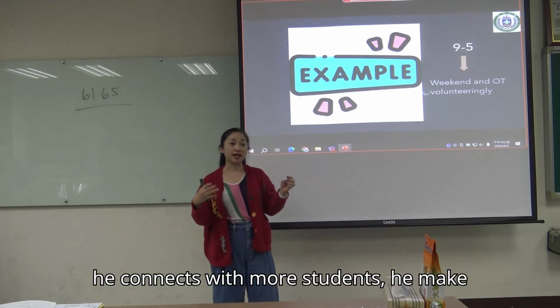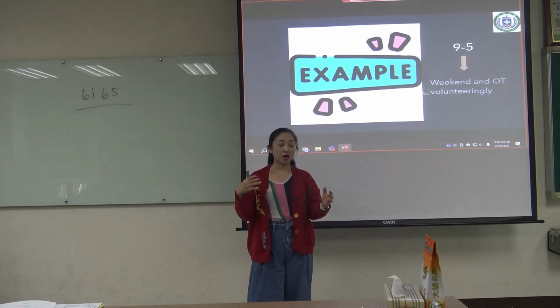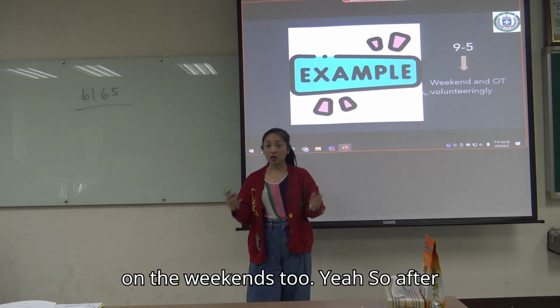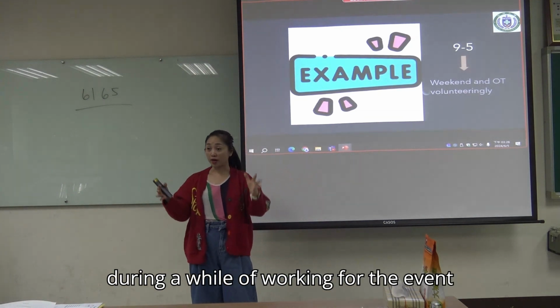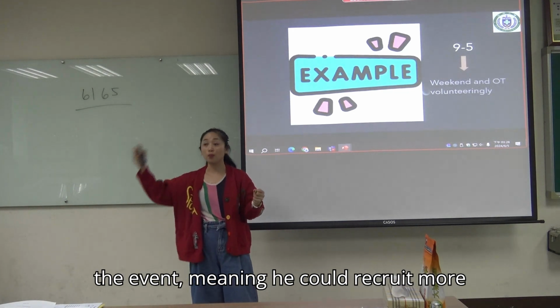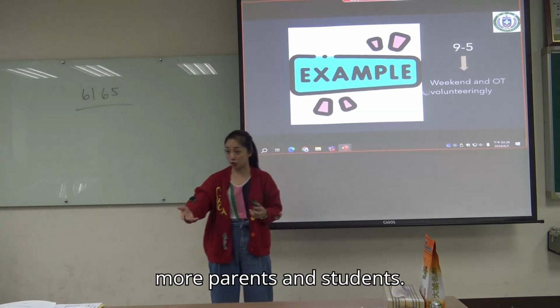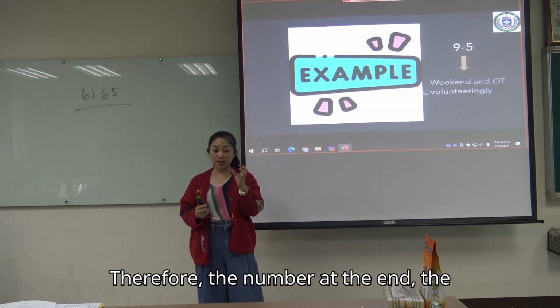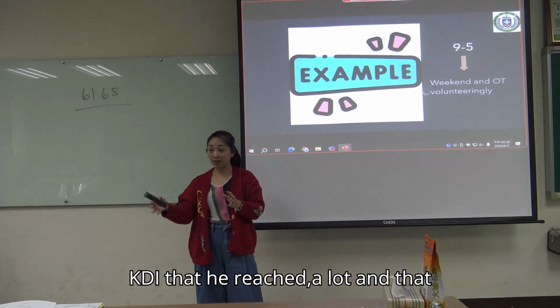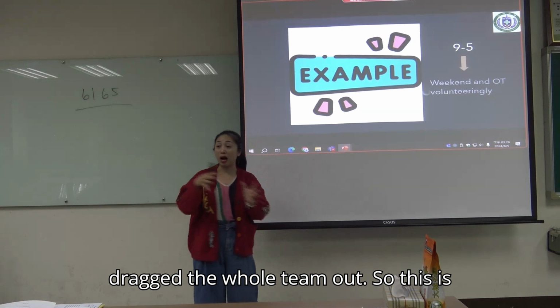He connects with more students, he makes calls to the students, and he works on the weekends too. So while working on the events, he could see the productivity of the event, meaning he could recruit more students and interact with more parents and students. Therefore, the KPI number at the end that he reached was high, and that dragged the whole team up.